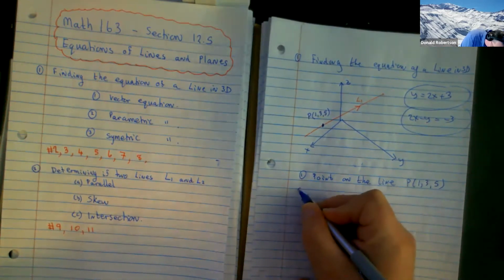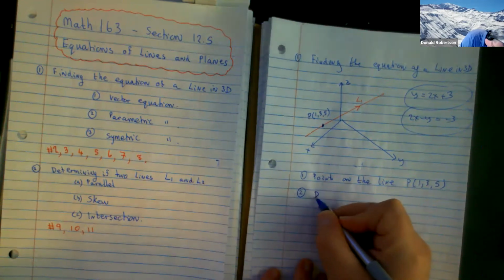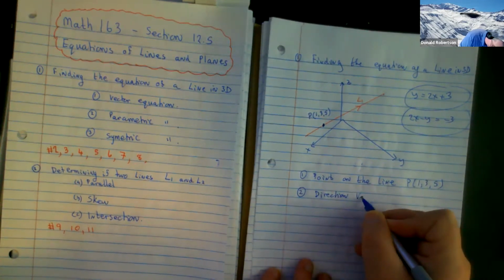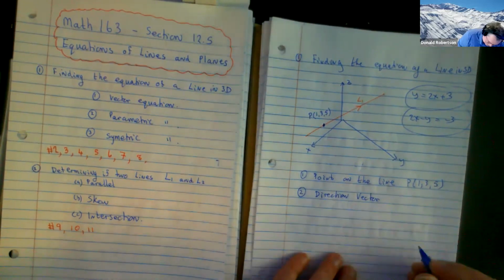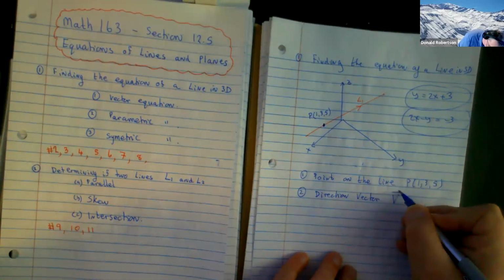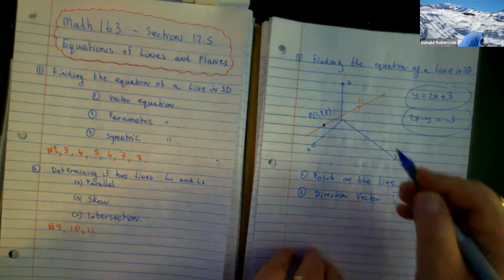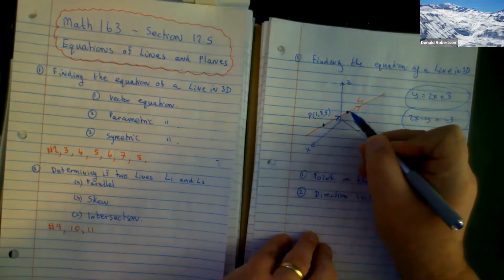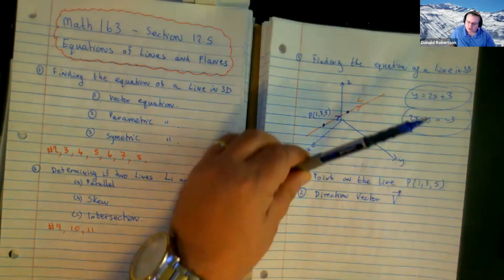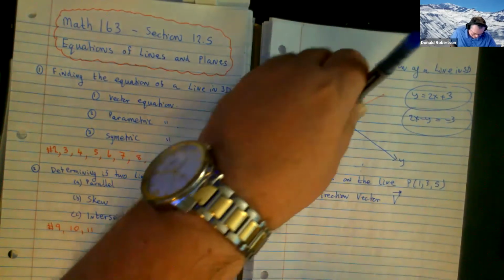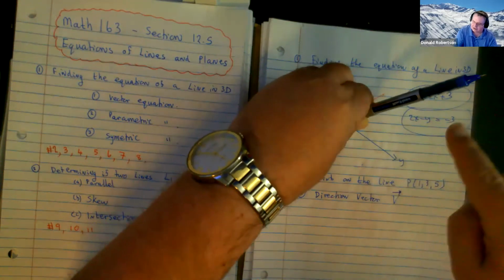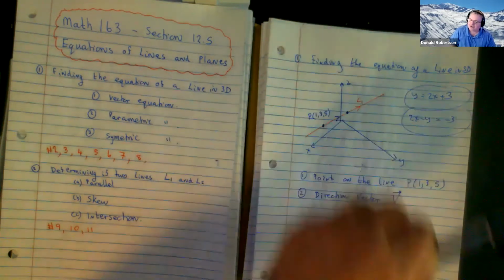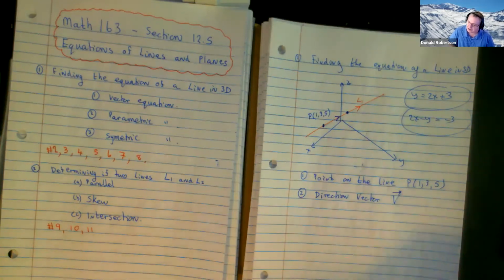The second piece of information you need is called a direction vector, very often called v. Essentially, the direction vector just tells you what direction the line goes. So you give me a vector and you say, start here and go in the direction 1, 2, 7. And with those two pieces of information, you've actually described the line in 3D space.